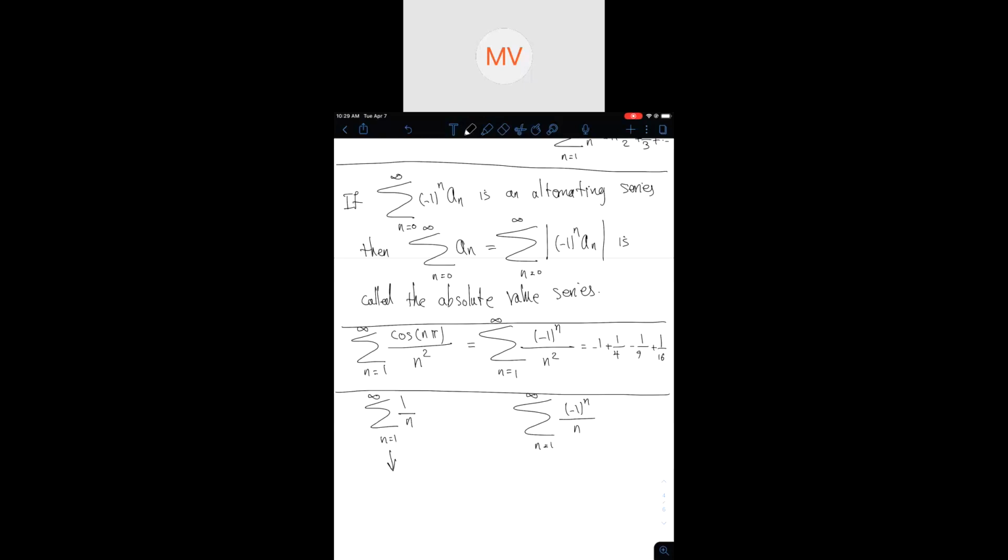And why? It's a P series and it diverges. Right, that's a P series with P equal to 1, so it diverges.